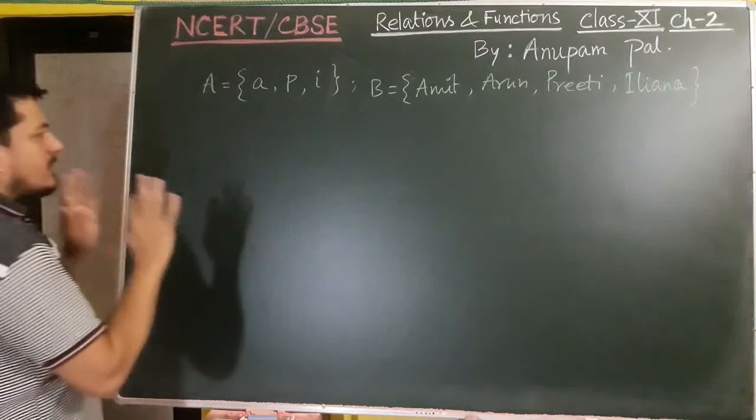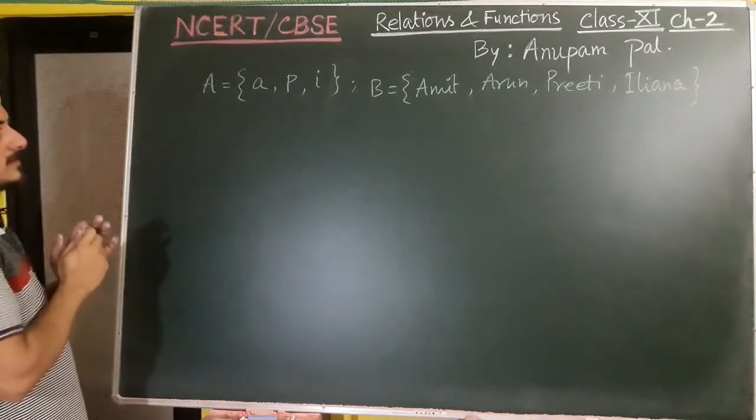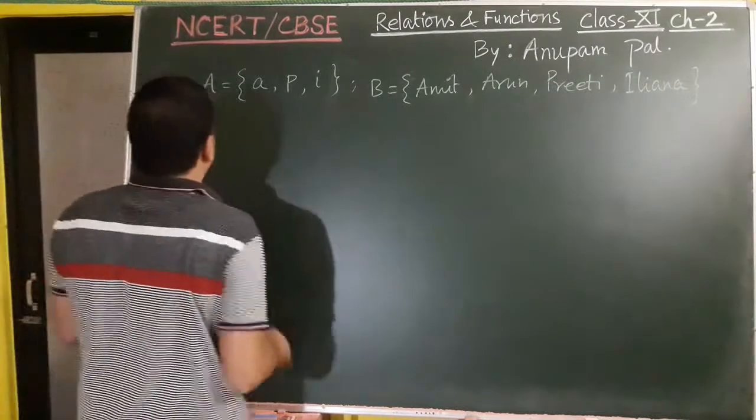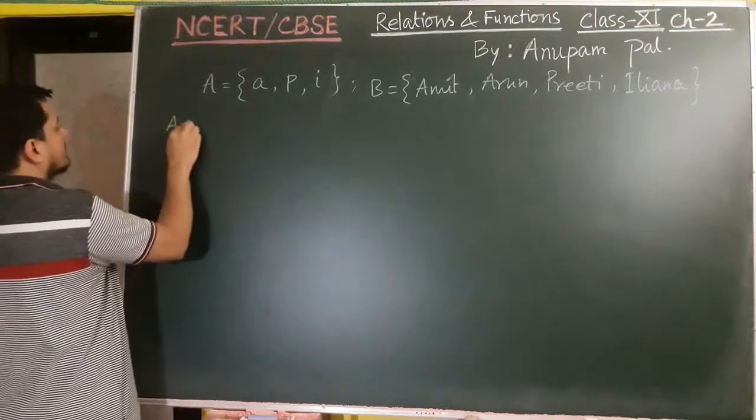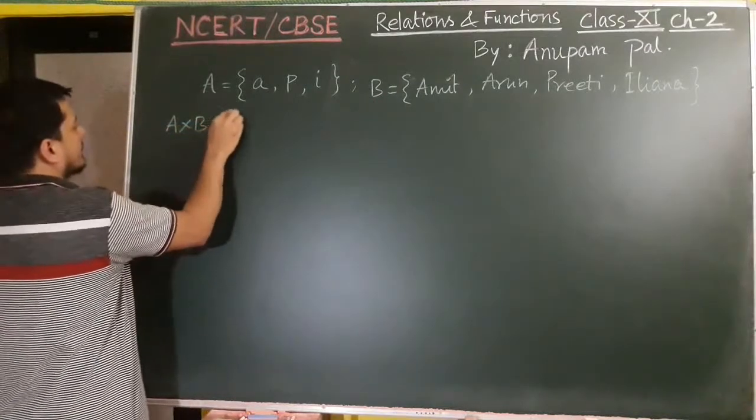Now if you want to find the cross product of these two sets, how can you write it? I write the cross product of these two sets.